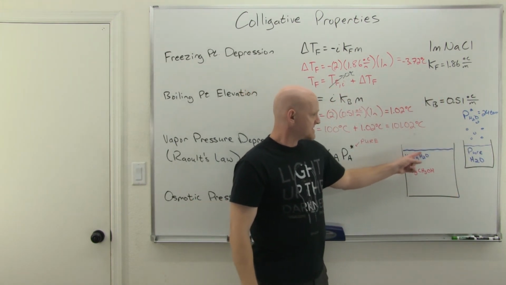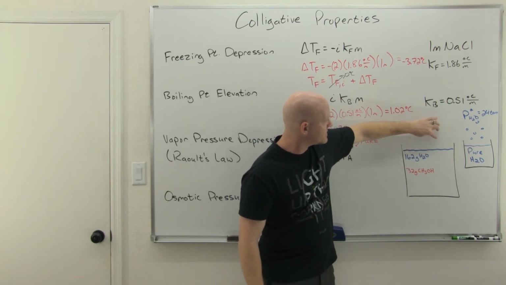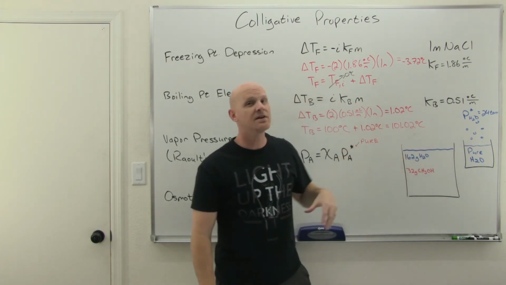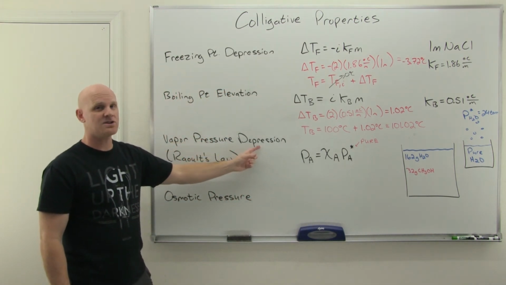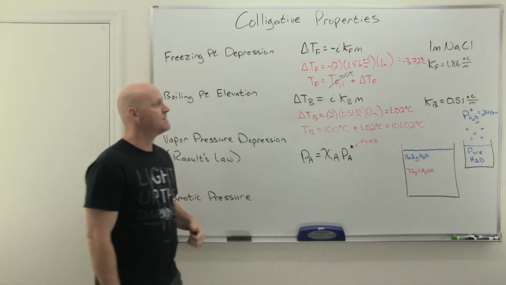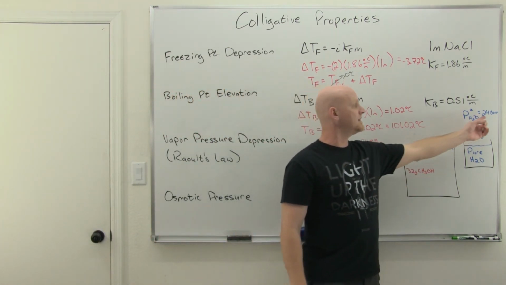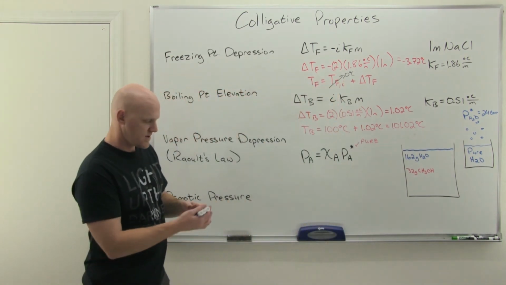Now in this case, because this is not pure water over here, then the partial pressure or vapor pressure of water molecules up here, we should expect it to be less, because vapor pressures are depressed as you add solute. And the more solute you add, the more they get depressed. Vapor pressures go down. And so in this case, we're going to expect it to be lower than 24 torr by some amount.